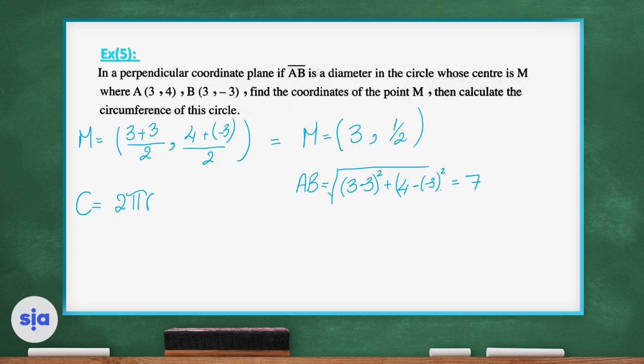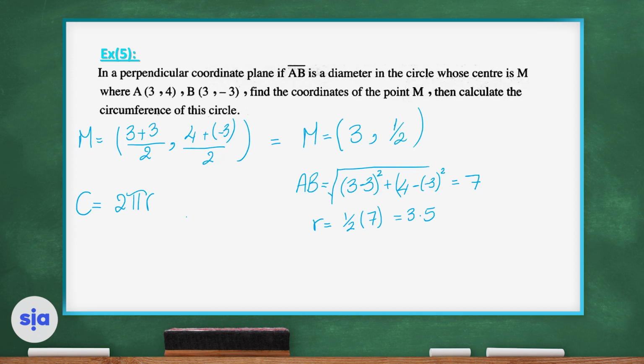And for sure, you don't have to do the distance formula as long as A and B are on the same vertical line. Then the radius is half the diameter, so it's 3.5. And this is the same answer that you will get if you find the distance between A and M or B and M.